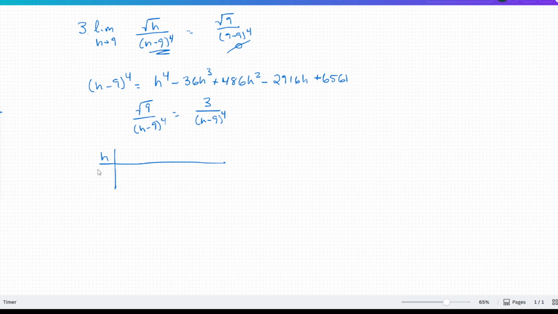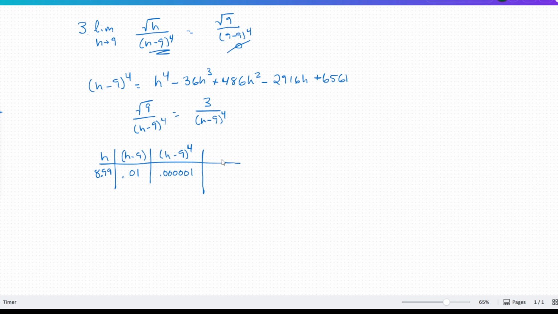So if we have, let's say, 8.99, so we're really close to 9, but we're not quite there, our h minus 9 value would be equal to 0.01. Then our h minus 9 value to the 4th would be this really small number.